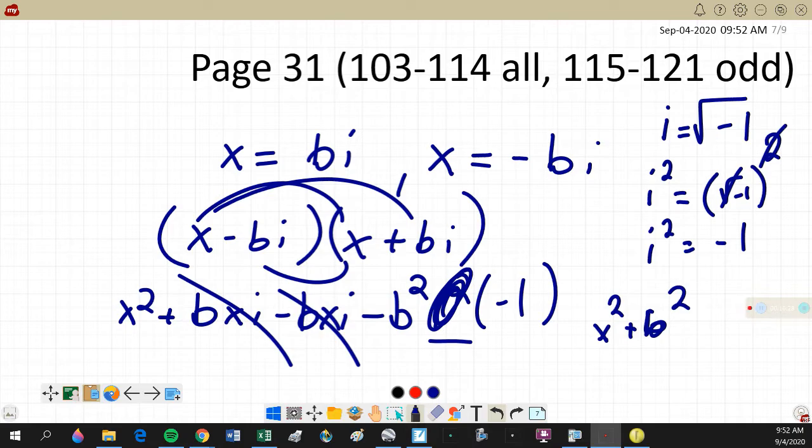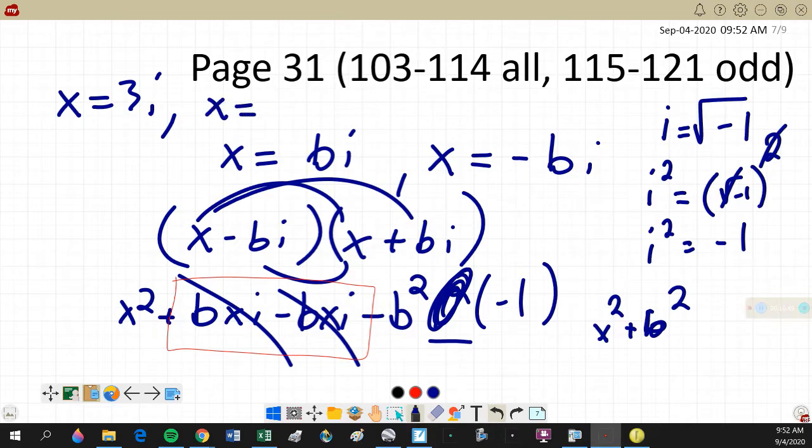That's why imaginary roots always appear in conjugates. Okay? So the only way for this to happen is to have conjugates, right? So if I had x equals 3i and x equals negative 4i, will the i's disappear in my multiplication?